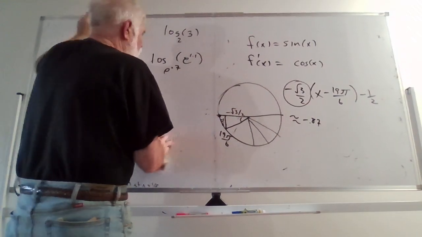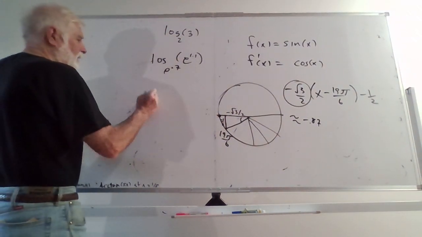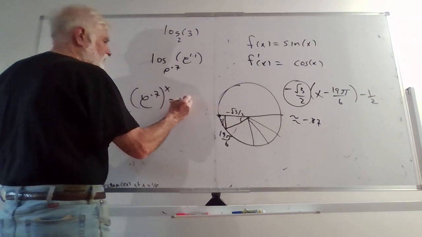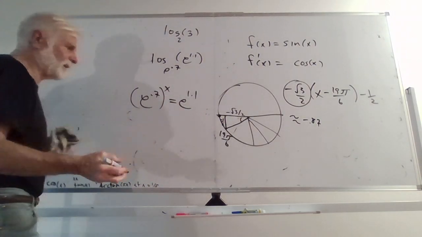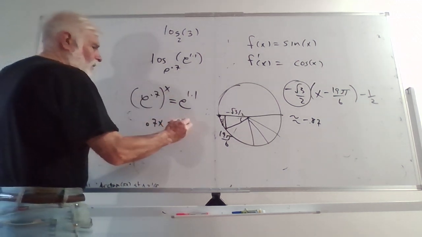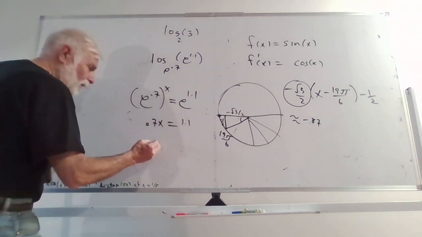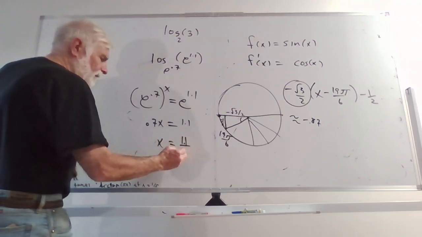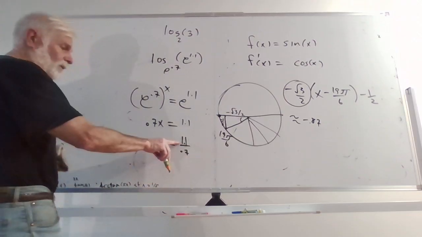So let me rewrite that this way. e to the 0.7 to the what exponent gets us e to the 1.1? There, that's better. That means that 0.7x has to equal 1.1, and therefore x has to equal 1.1 divided by 0.7.